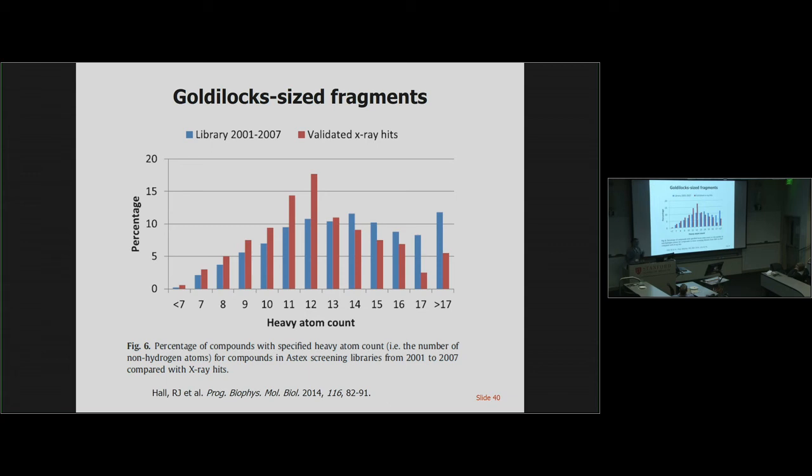And this is, I think, just a really beautiful illustration of that molecular complexity hypothesis. As you get larger, there's more little nubs that will keep these things from binding. And so there is a sweet spot in the 8 to 14 atom range.